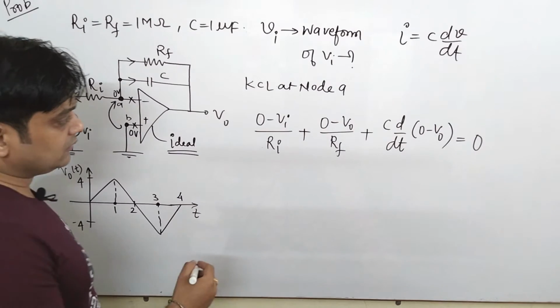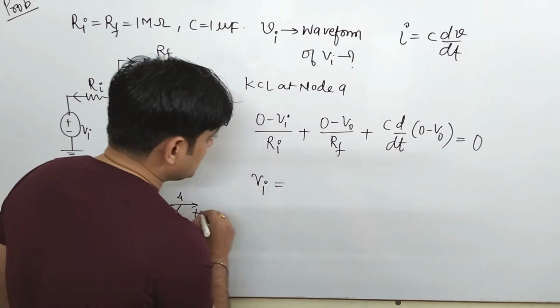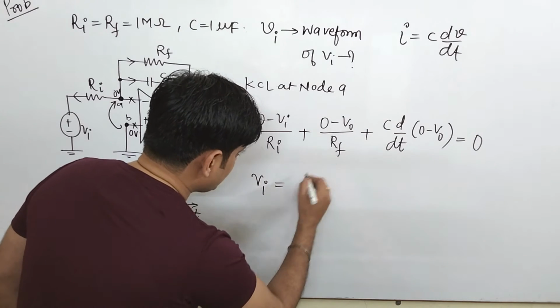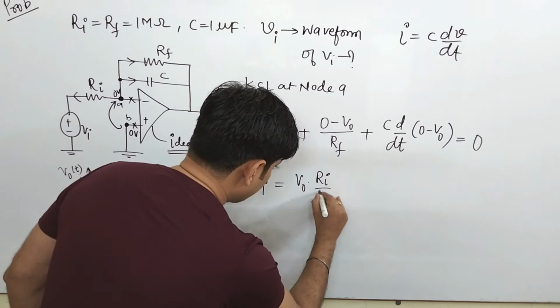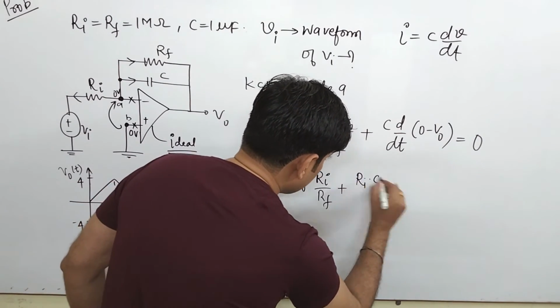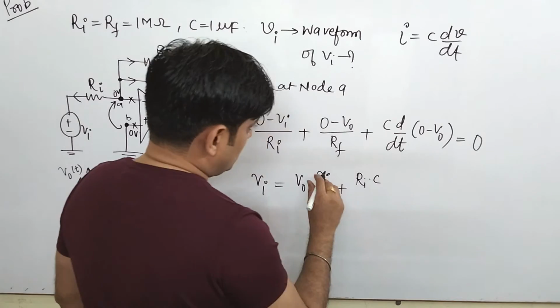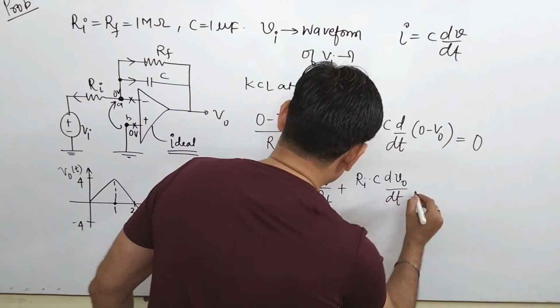Yes, very simple. So from here you can say that the value of Vi is, I am just transferring here, V0 Ri upon Rf, plus Ri into C dV0 upon dt.